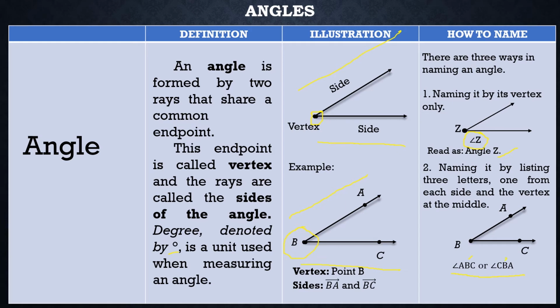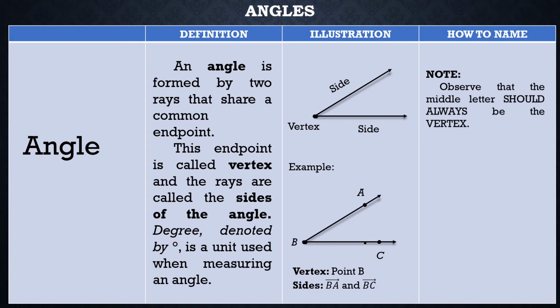You can start from any side as long as yung vertex ay nasa gitna ng dalawang letters. So it will be read as angle ABC or can also be read as angle CBA. Again, make sure that the middle letter is the vertex.